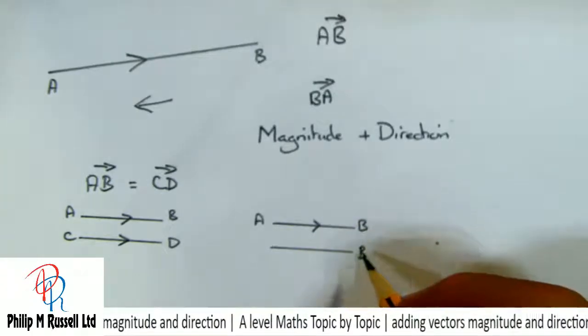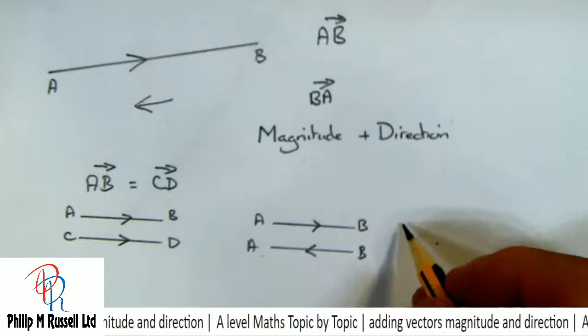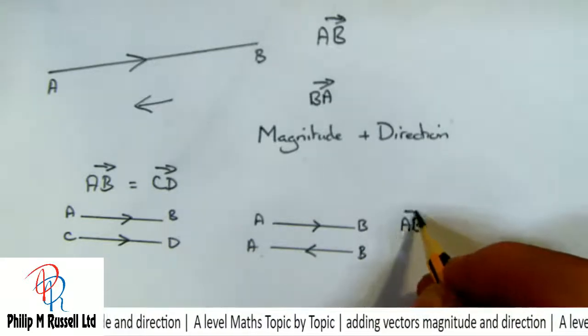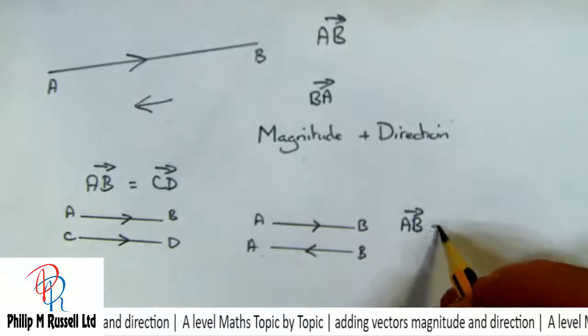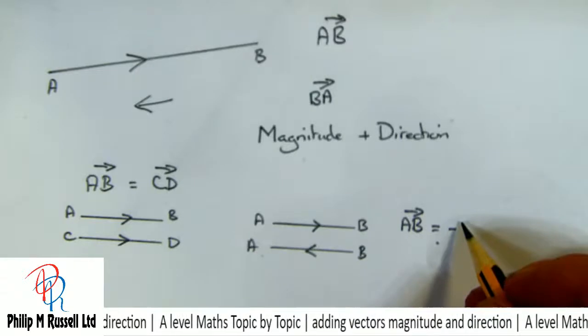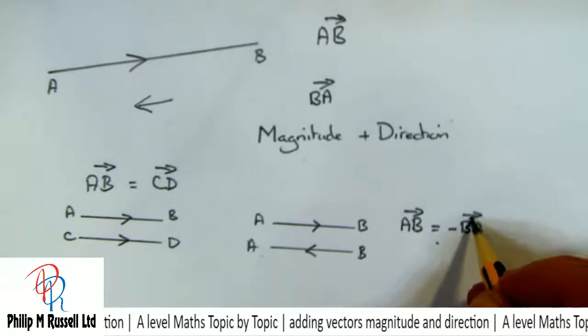This is the vector BA going that way, and we can say simply that vector AB equals the negative vector of B to A.